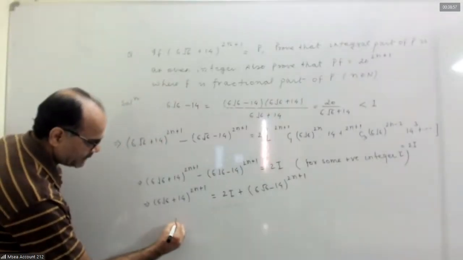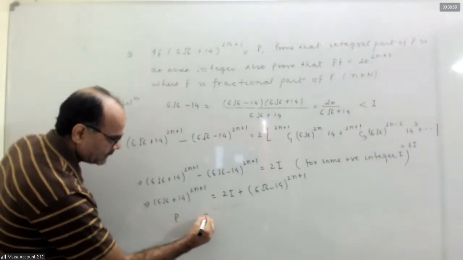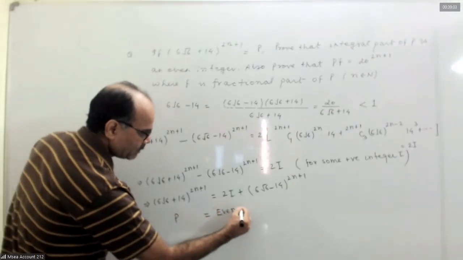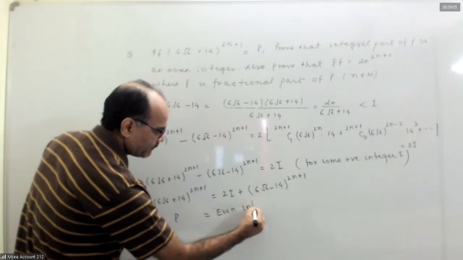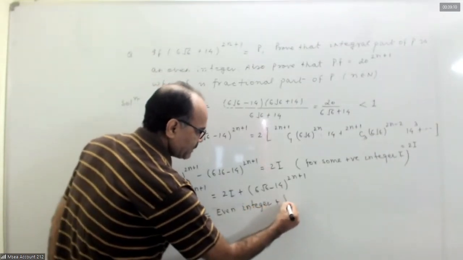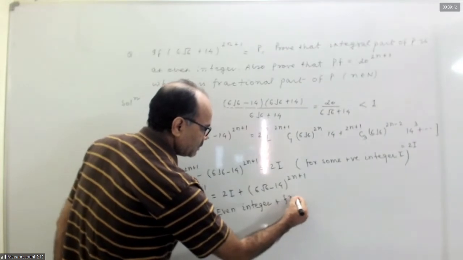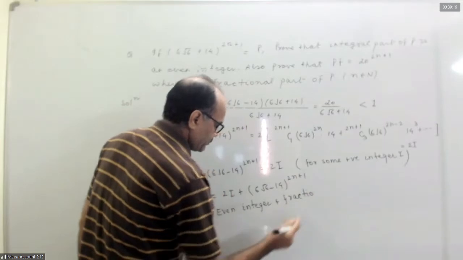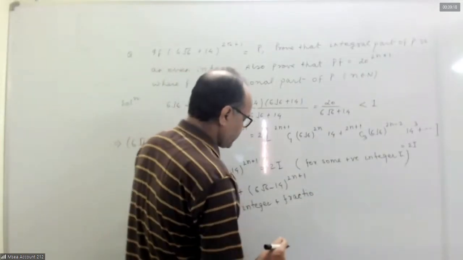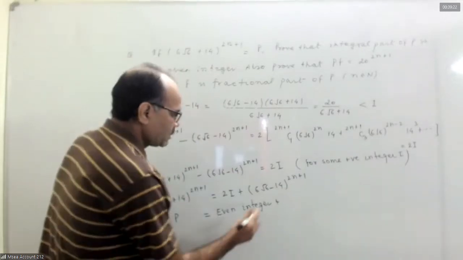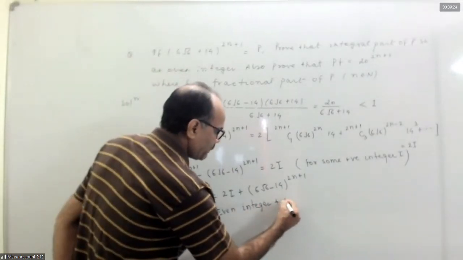The left hand side is P. Right side is even integer plus fractional part. Even integer plus a proper fraction.